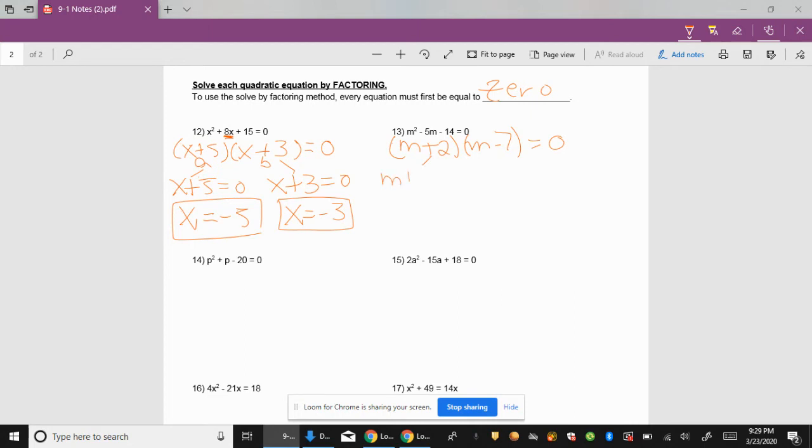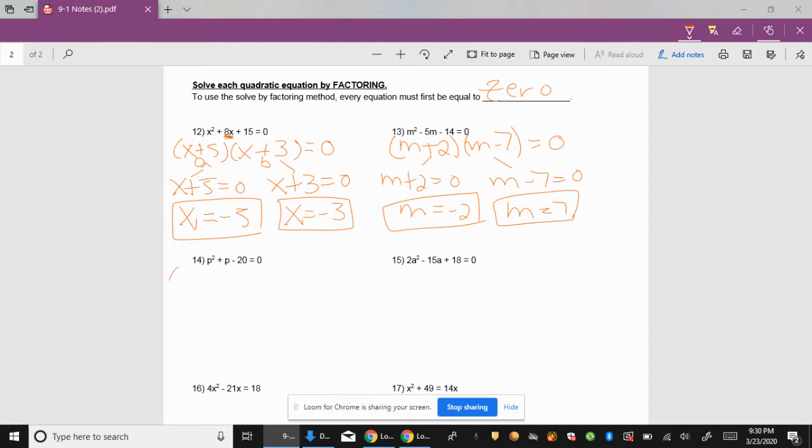So m plus 2 could equal 0, or m minus 7 could equal 0. m equals negative 2, and m equals 7. And voila. If you didn't pause it for 13, pause it for 14. Try it on your own. If you don't try it on your own, you're not doing yourself any good. So factor p squared plus p minus 20, have that equal to 0, and solve.